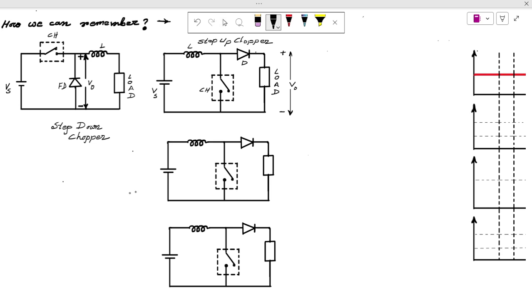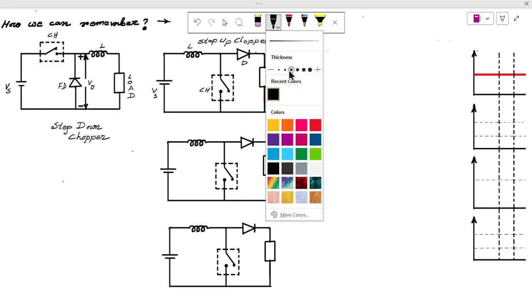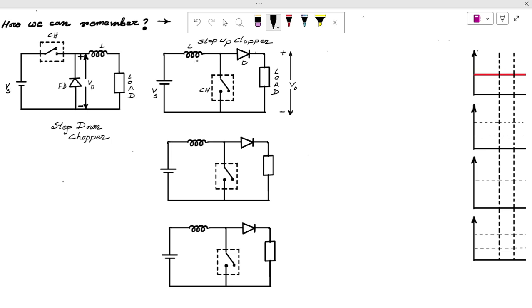Initially, in the last lecture, I told about how to draw the step-up chopper. Now, to reduce the time, I have drawn three diagrams of a step-up chopper. Look here, it is the voltage Vs, the supply voltage as we know. Next, L is the inductor, D is the diode.